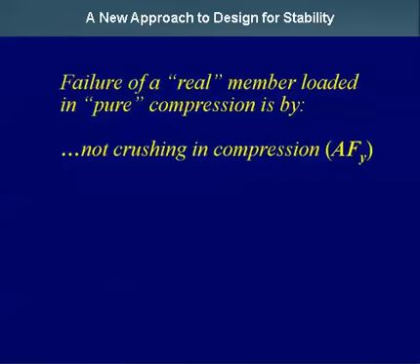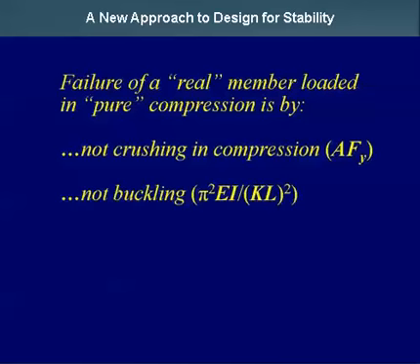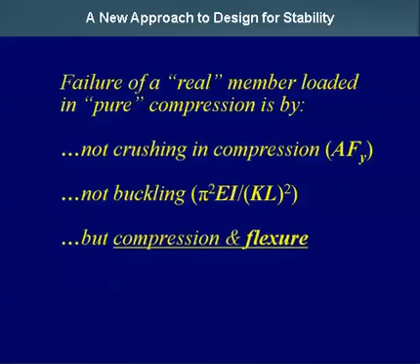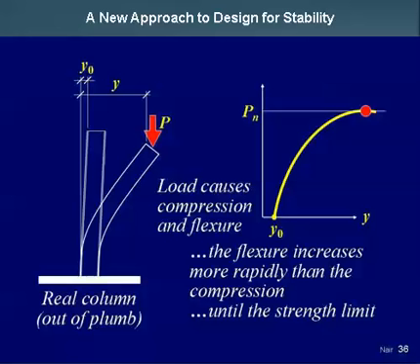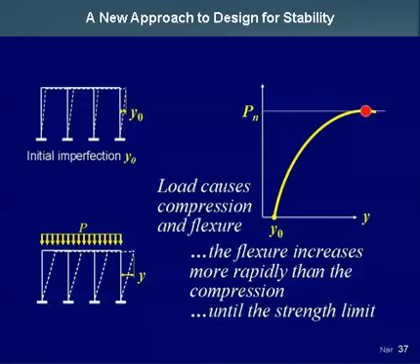So the point is, failure of a real member loaded in supposedly pure compression is not by crushing in compression at area times yield stress, not by buckling at pi squared EI over KL squared, but by compression and flexure. And it will always be a phenomenon like this, where you always have flexure at the point of failure, or at the point of maximum vertical load or compressive load.